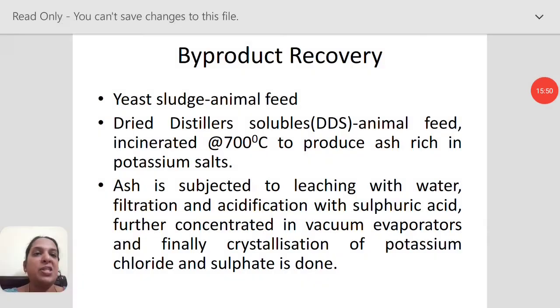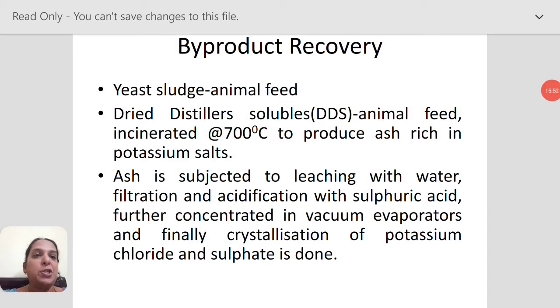So this dried distillers solubles has two purposes. One is that it can be used as animal feed, and the other is that it can be used for the production of potassium fertilizer.